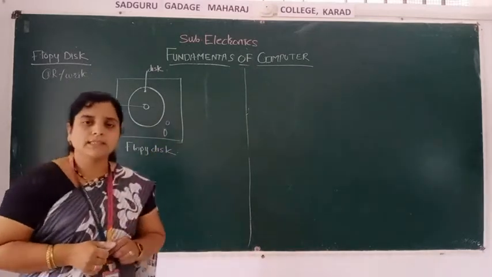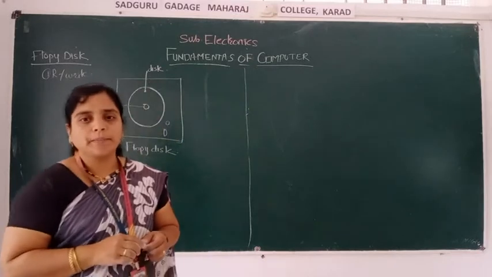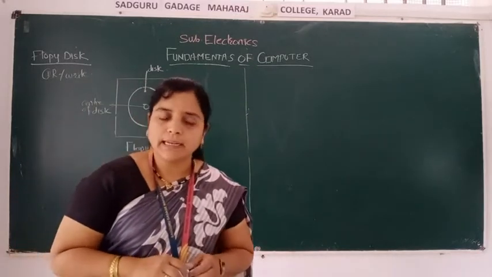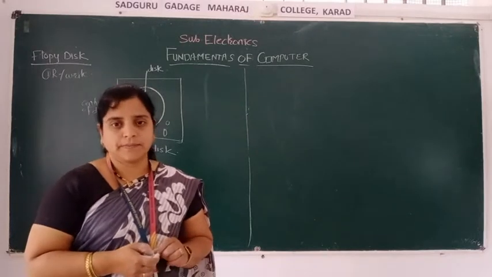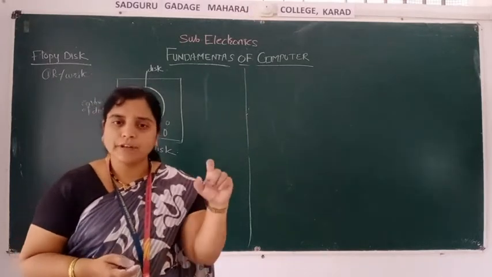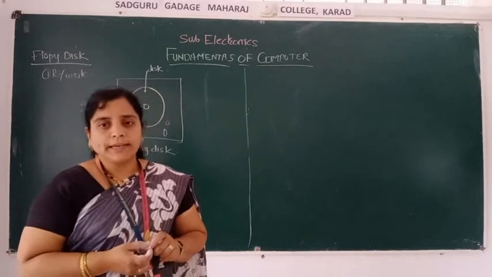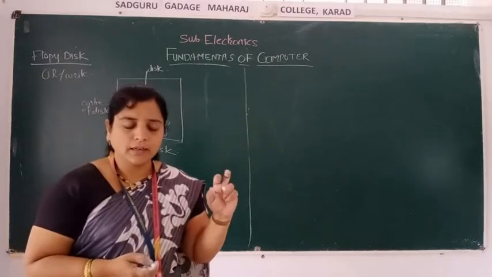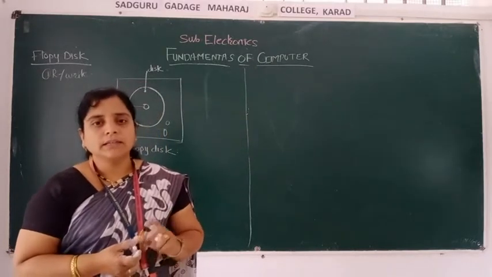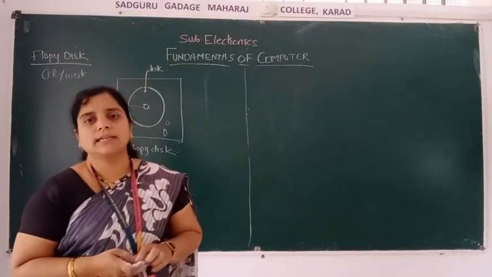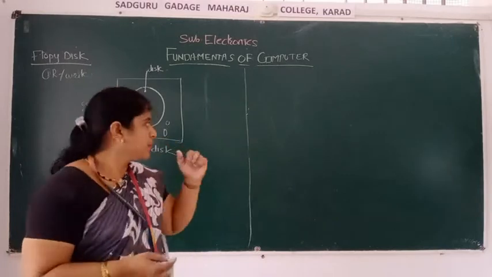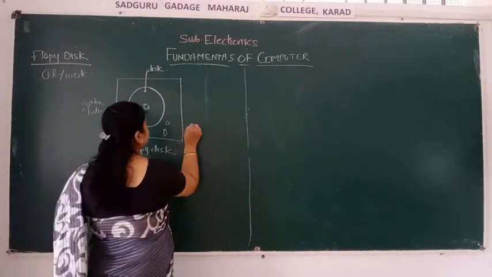The floppy disk is rotated so that the appropriate portion meets the read-write heads, which make contact with the disk. It consists of a thin film plate coated with magnetic oxide and electrostatic material. It is enclosed inside a plastic cover. It is round in shape, a disc enclosed in a plastic cover.